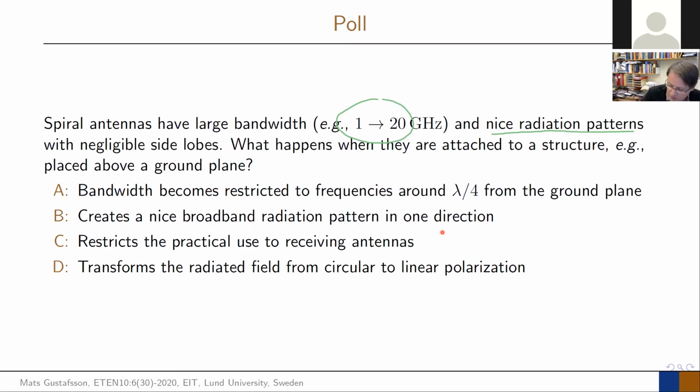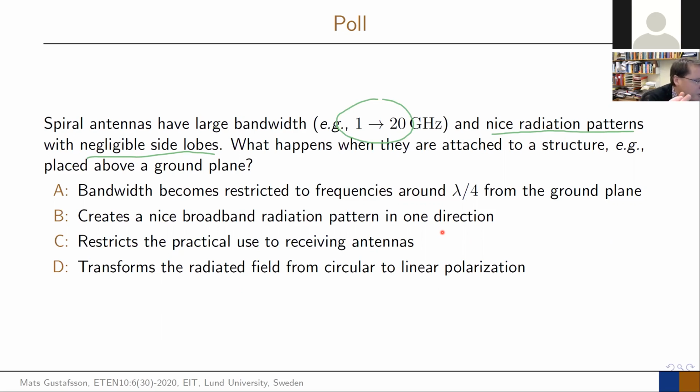The side lobes of these are really small, very low side lobes in these cases. And now you start asking, why don't you see them everywhere? If this spiral antenna is so good, with this bandwidth and nice radiation patterns, when do we find them? Why don't we find them everywhere? Or do we find them everywhere?